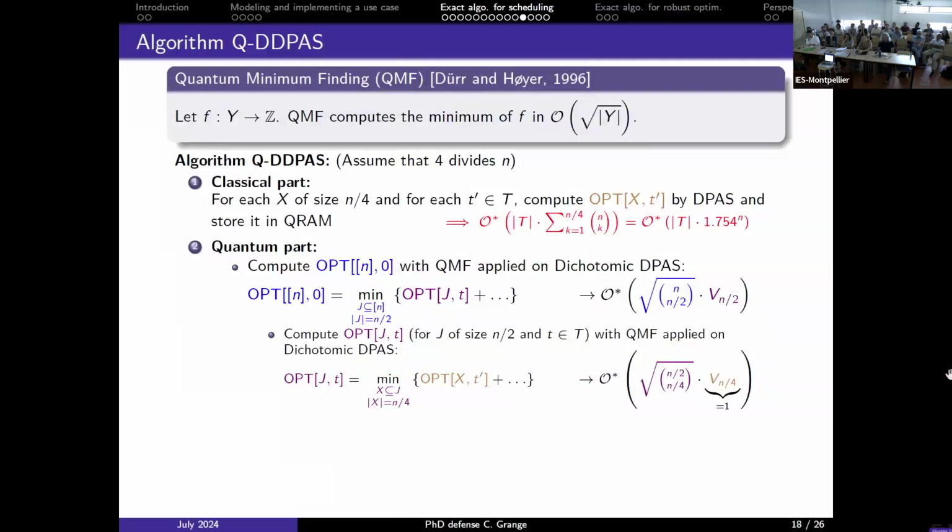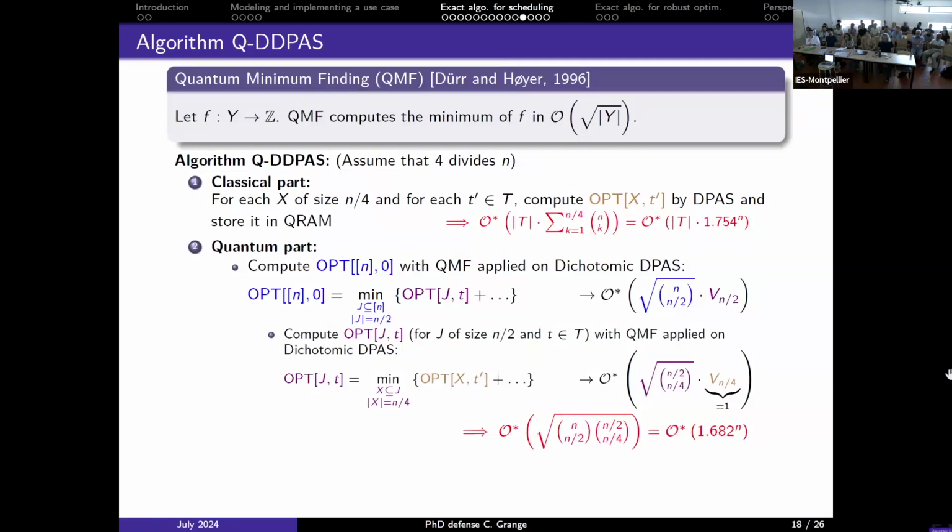So this time it's n/4 among n/2, so the square root of it, multiplied by the complexity of computing these terms. And these terms are already stored in the QRAM, so the complexity is constant, or at least polynomial in the instance size. So the complexity of the quantum part results in 1.682 to the n.